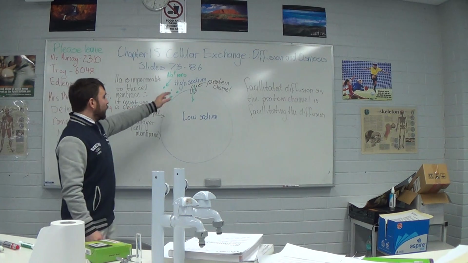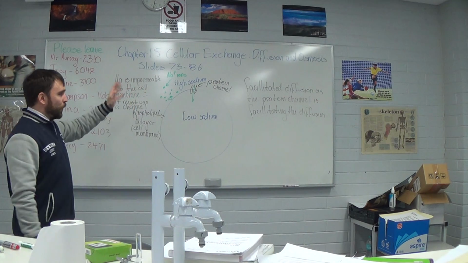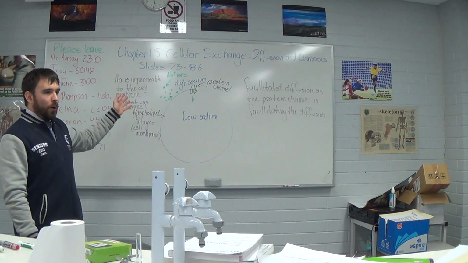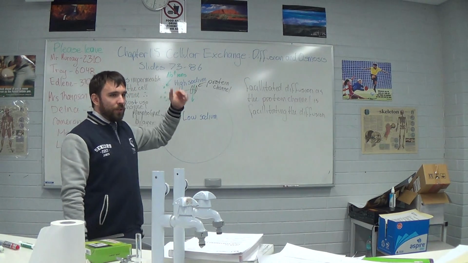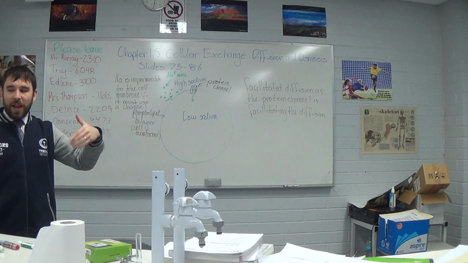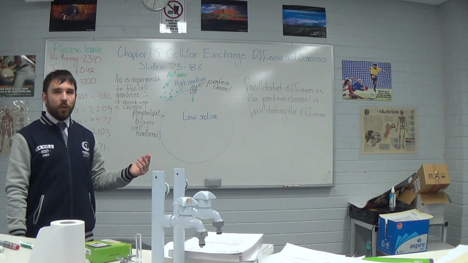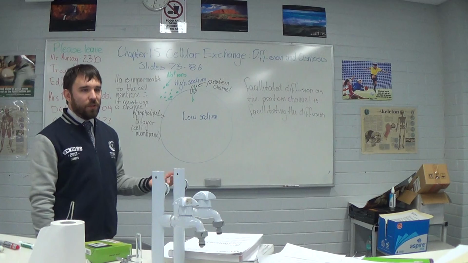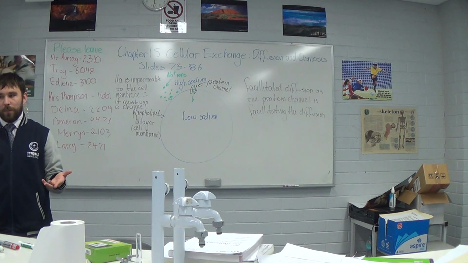They're specific. So this protein channel is a sodium protein channel. It is specific for sodium. And glucose protein channels are specific for glucose. And calcium protein channels, etc., etc. They are specific for what they are able to allow across. This maintains this semi-permeable or selectively permeable nature of the cell membrane.